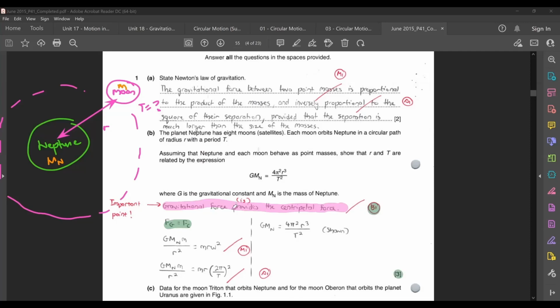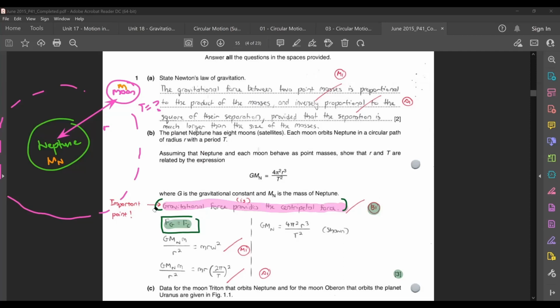The first mark actually came from you writing that statement. If you just write the equation without writing this statement, you won't get your full marks. So for some reason you have to write this statement out before you proceed with your equation. Just remember that.